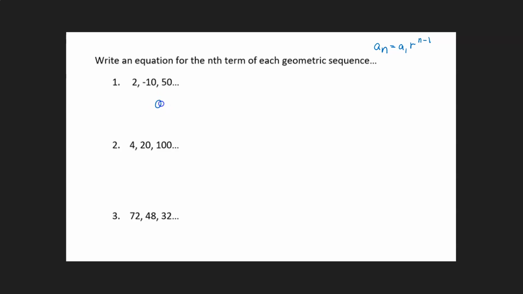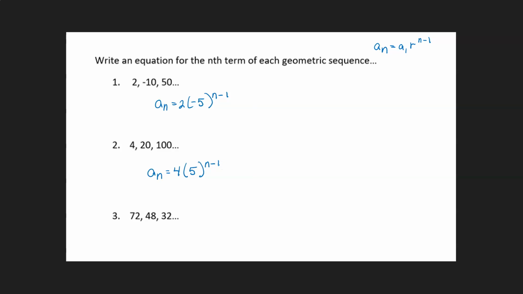So we have a sub n equals the first term, and if you look at this, you're multiplying by -5 every time, so that's your common ratio. And then we have the number of the term minus 1. It's as easy as that. So number 2, we have a sub n equals the first term, which is 4, and then we are multiplying by 5 every time. That's the common ratio, the n minus 1 power.